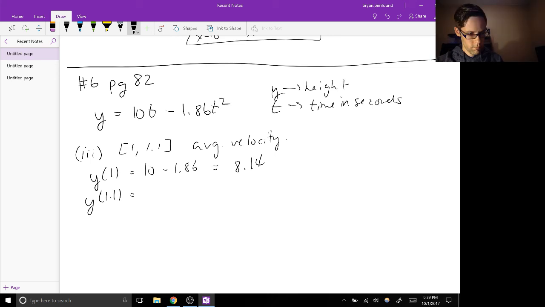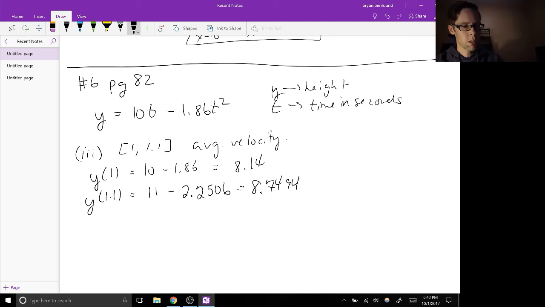That is 10 times 1.1 minus 1.86 times 1.1 squared. Here I get 8.7494, and to keep some accuracy I'm going to keep all 4 of those decimal places.